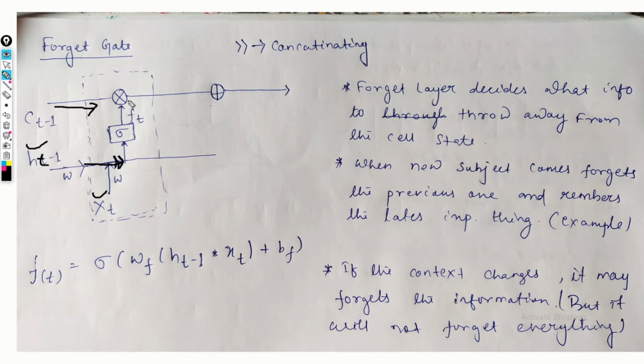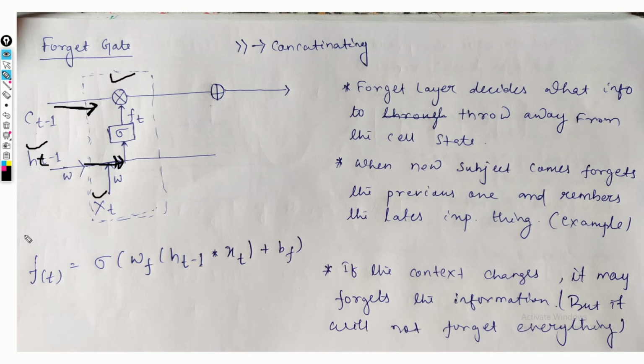I have told you before about the memory cell, the same thing is going on here. The previous cell state value will be coming here, and the concatenation of these two values will pass to the sigmoid function, and whatever the sigmoid function gives as output, that multiplication operation will be conducted in the cell state.